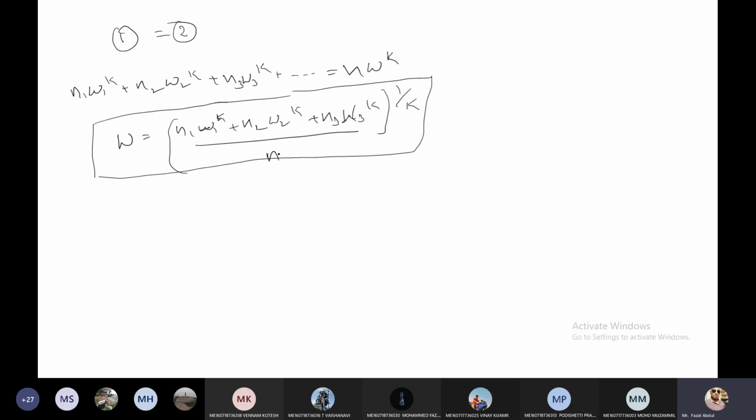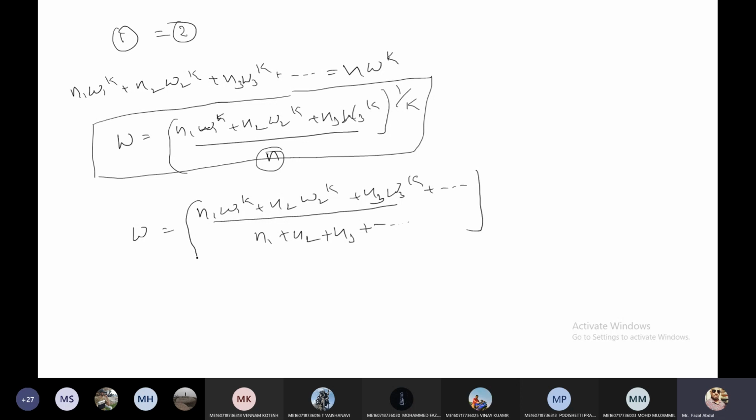Now the equation may be written as W equal to ((N1 W1 power K plus N2 W2 power K plus N3 W3 power K plus so on) by (N1 plus N2 plus N3 plus so on)) power 1 by K. So this is the basic equation for the dynamic load rating of a rolling contact bearing.